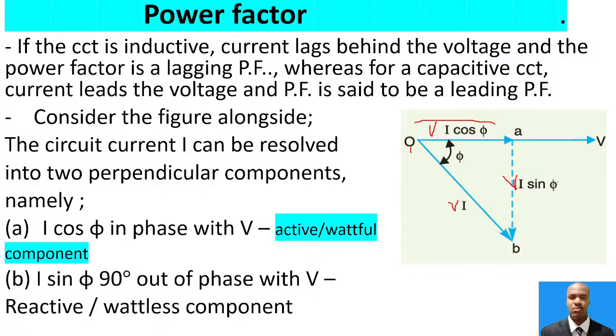This component of current flows at right angle, that is 90 degrees, with the active current. So you can simply say the useful current or the active current and the useless current are mutually at right angle, that is at 90 degrees.